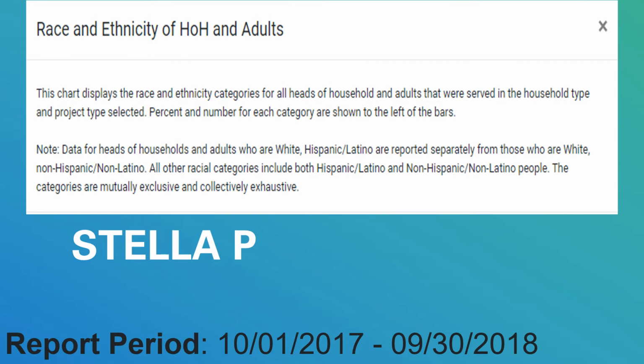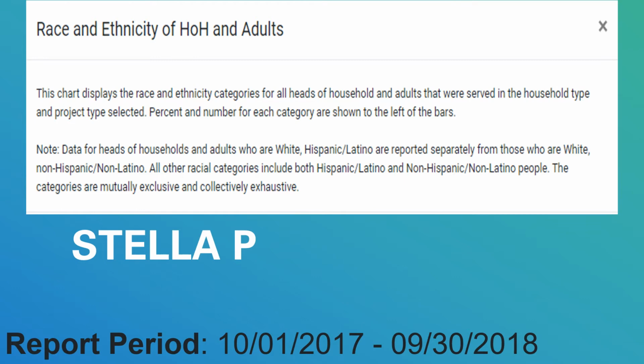So we're looking at race and ethnicity of head of household and adults. So this is not every single person served in the homelessness system in Stella P. These are all the head of households and adults. And once again, they also separate your Hispanic Latino from your certain race categories if applicable.